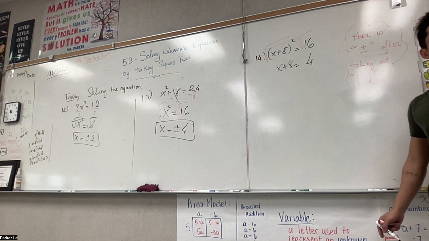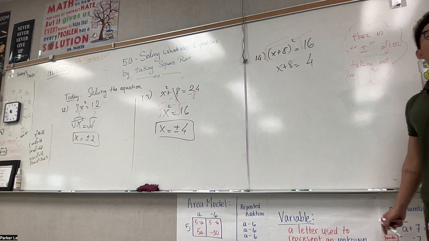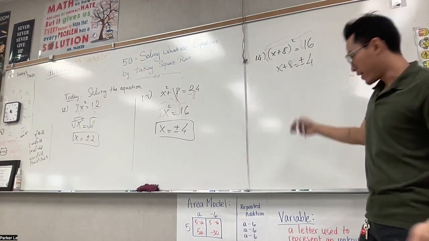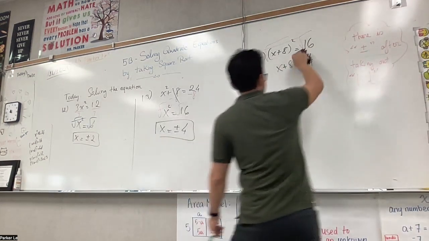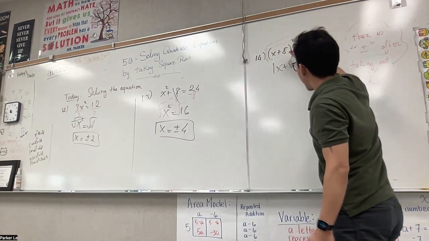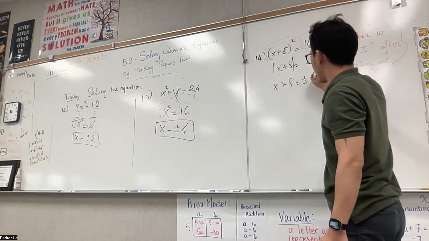Negative 4 or positive 4? To me, plus minus 4. After you take the square root of the square, they always have absolute value. So this must be plus minus 4.